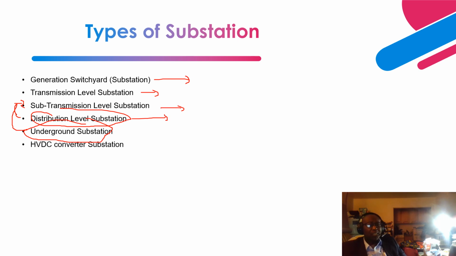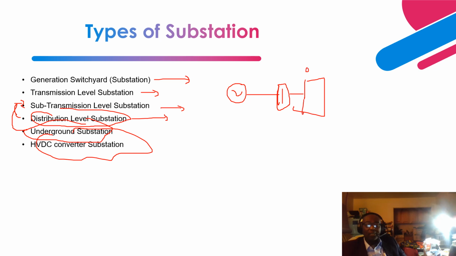Next is HVDC converter stations. A lot of these are integrated to offshore and onshore wind farms. So you have a wind farm that basically comes to an AC collection point, then it goes to an offshore AC substation. You have an offshore converter substation that converts the AC to DC.